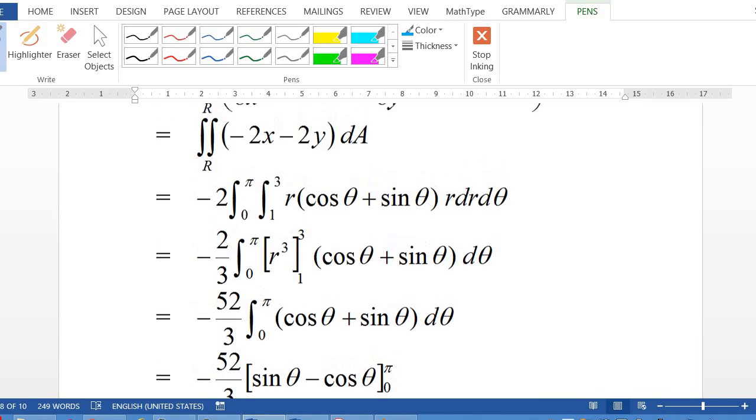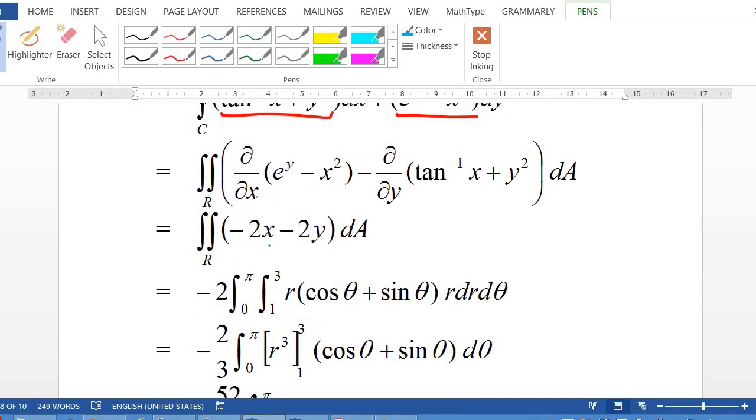So you factor out negative 2, this will become negative 2 times the integral of x plus y dA. dA you change to r dr d theta.